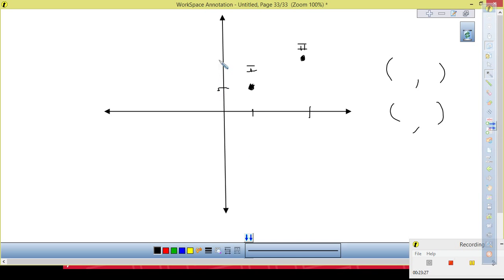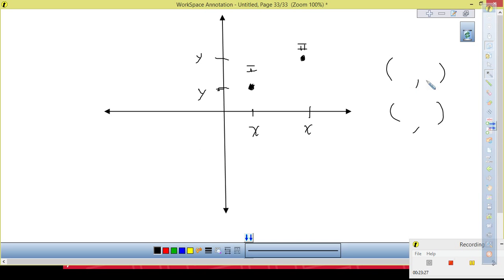This one also has a y value. So does this one. Okay, I'll wait. You guys ready? All right. So this is x, this is x, this is y, and this is y.